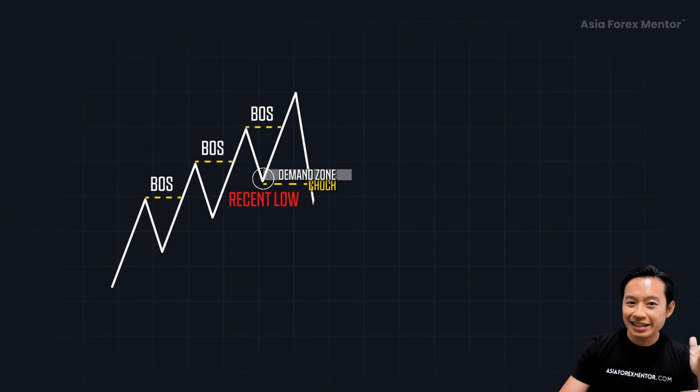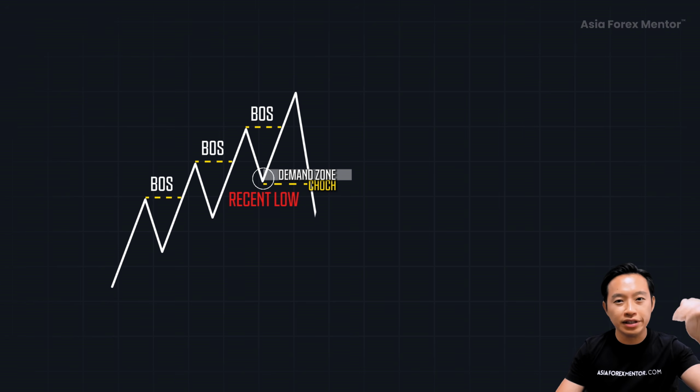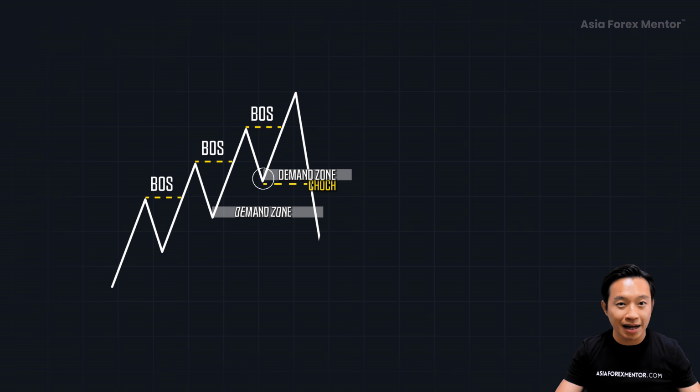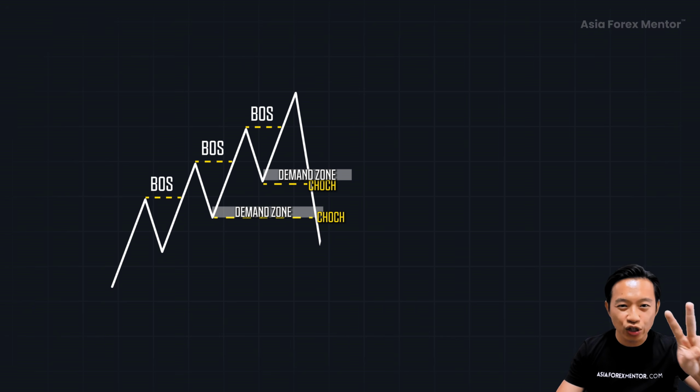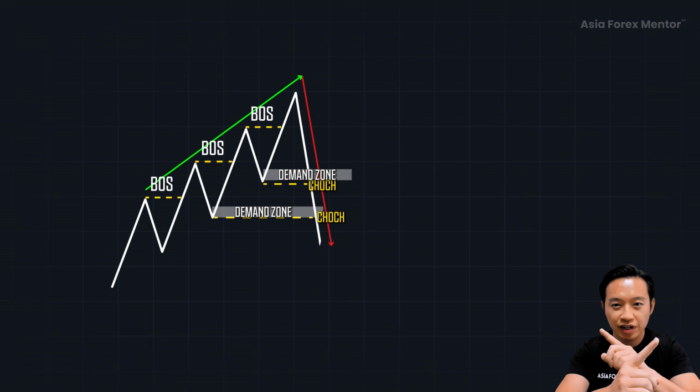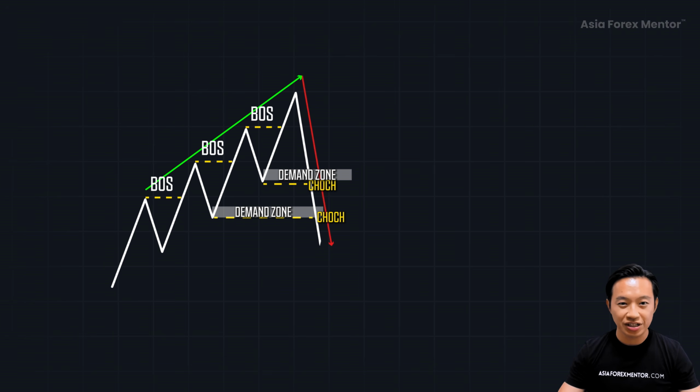Now, the downward momentum continues as price breaks through the next demand zone, which is a higher low, resulting in a second change of character. So this dual change of character suggests what? A potential shift in market structure.